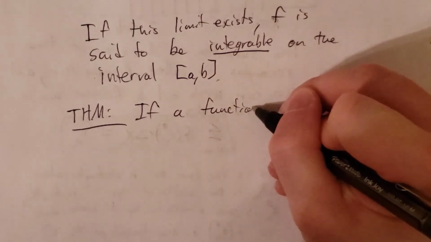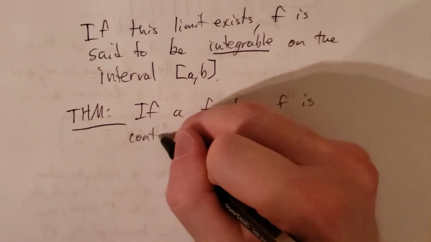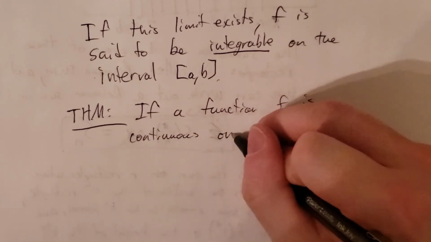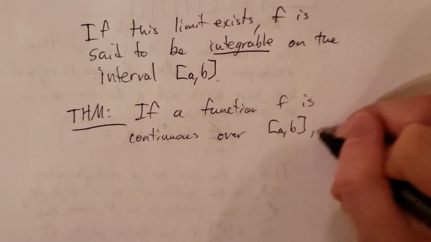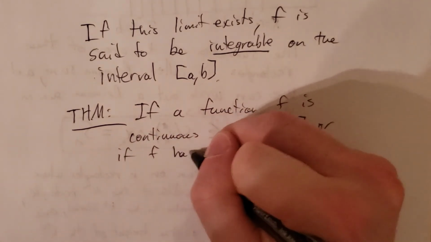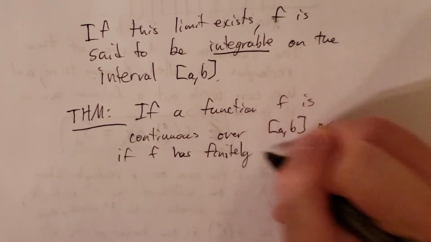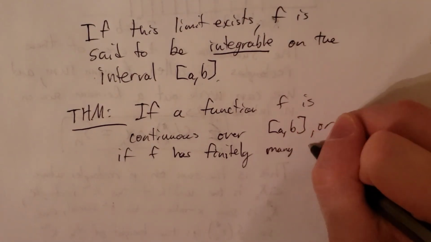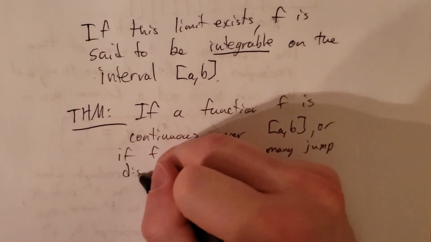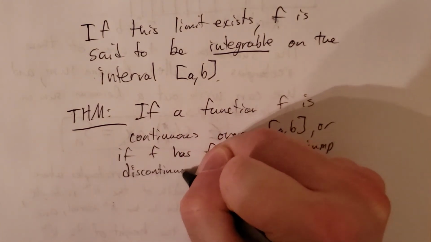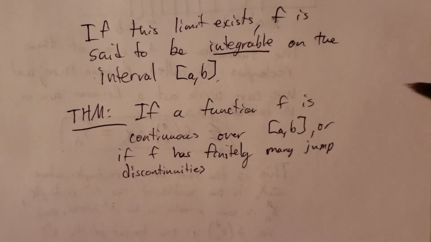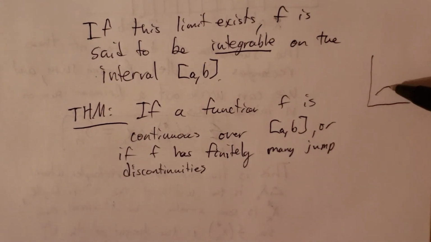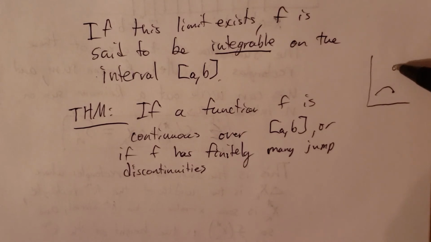If a function f is continuous over the closed interval a to b, or if f has finitely many jump discontinuities, just a quick reminder, a jump discontinuity means that your function goes from a finite value to another finite value, and that is our discontinuity there.